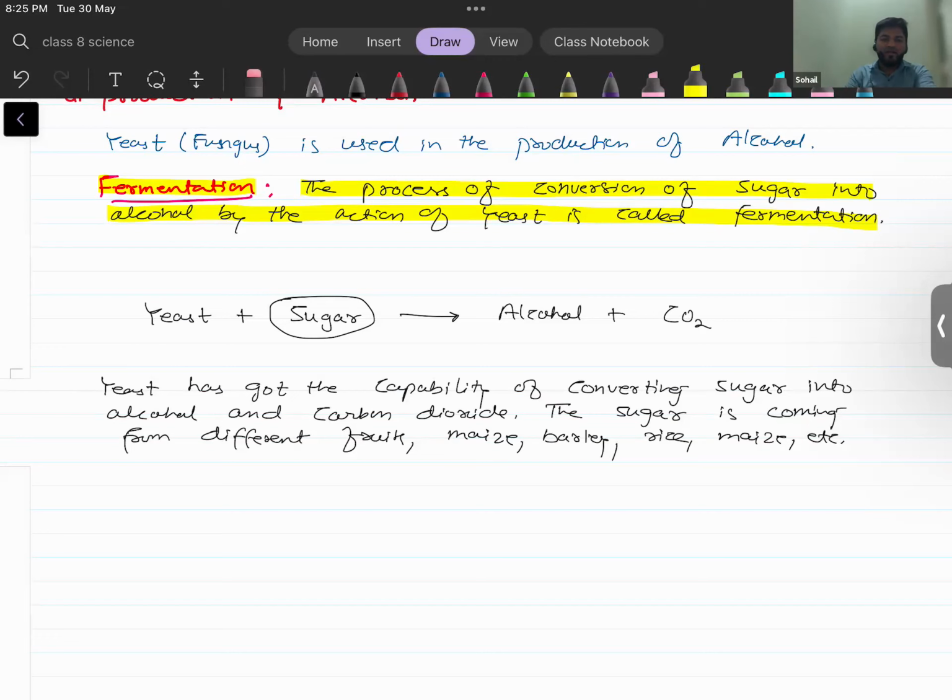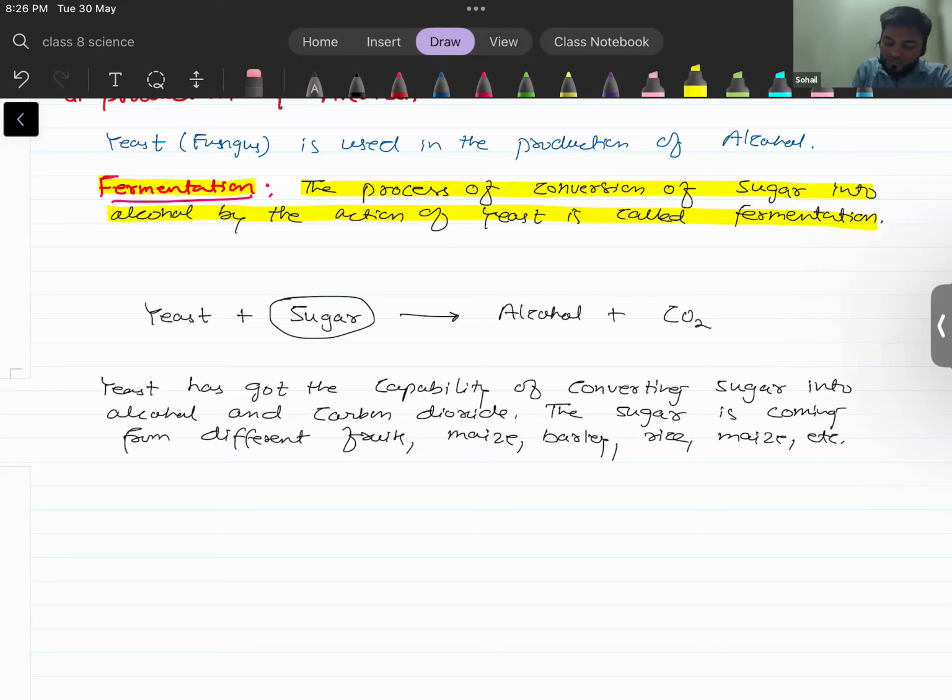Now, any idea who discovered this process of fermentation? There was a scientist named Louis Pasteur in the year 1857. In that year, he discovered the method of formation of alcohol by the process of fermentation.